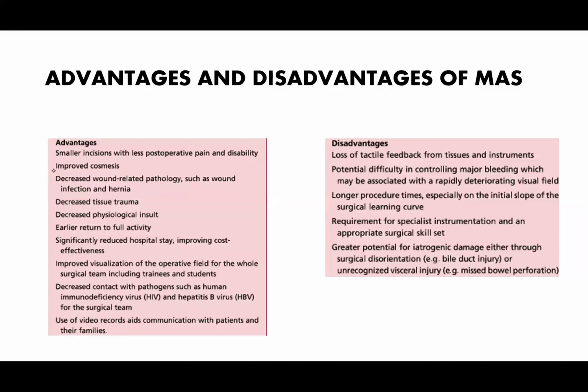Now, the advantages and disadvantages of minimal access surgery. As we mentioned earlier, smaller incisions with less post-operative pain and disability, improved cosmesis, because these are tiny pinhole incisions, they have tiny scars with better cosmesis as compared to open surgery.